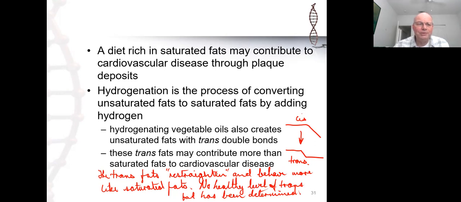The problem with this is that the food legislation provides the food manufacturers with wiggle room. There's a loophole. And you know that if a loophole exists, someone's going to take advantage of it. And the loophole is this, that you can label a food as having zero trans fat so long as it has less than 0.5 gram of trans fat per serving of that food.